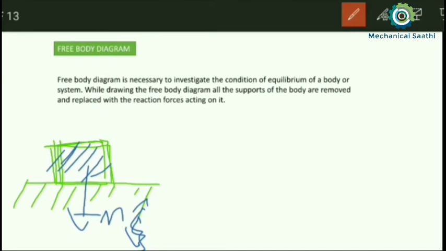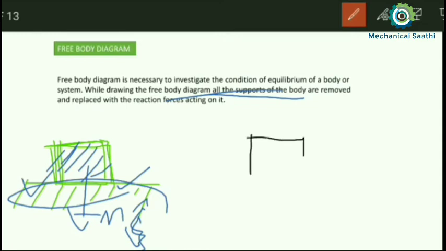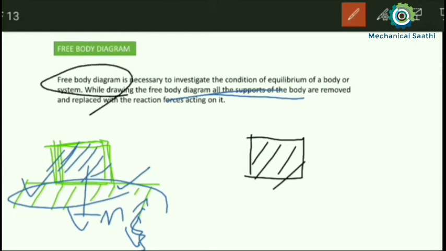So first of all we need to remove the supports. There is a single support only, so we need to remove this support. If I remove this support, then I can simply draw this body. This is the body for which we want to draw the free body diagram.